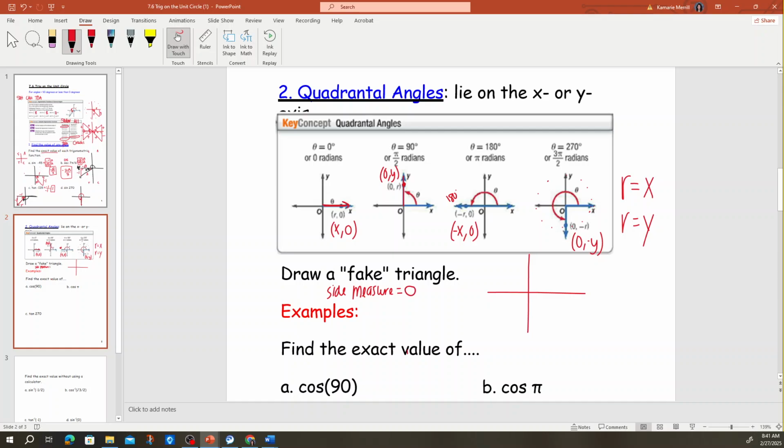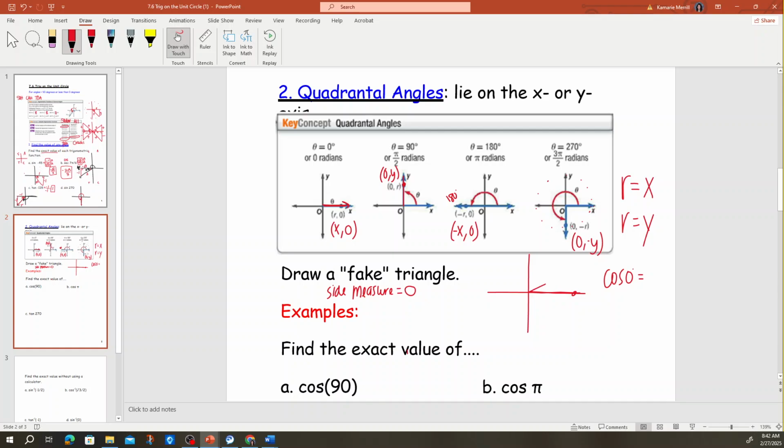If I have something that's a measure of 0, it's impossible to draw that triangle. That's why it's fake. But let's just say this. Let's pretend I rotated 360 degrees, or let's say I'm asking for the cosine of 0 even, okay? So if I want the cosine of 0 degrees, I try to draw my triangle and there's no triangle. It's just a line, correct?